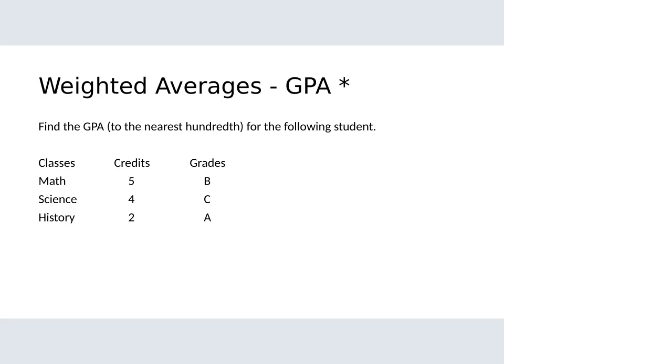All right. Find the GPA for that student. And just to make a note over here, an A is worth 4 points per credit, a B is worth 3 points per credit, a C is worth 2 points per credit. All right. Calculate the GPA for that student.